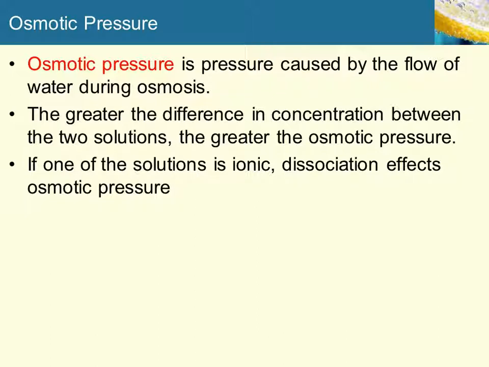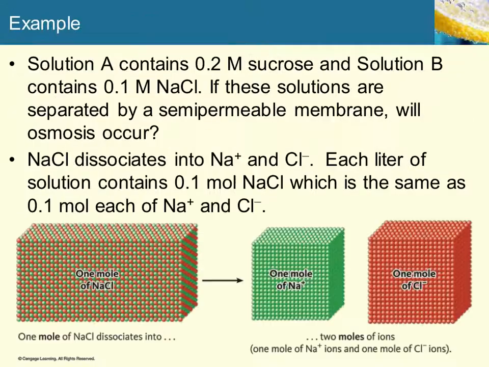If one of the solutions happens to be ionic, meaning a metal and non-metal, dissociation affects the osmotic pressure because that compound is going to dissociate into its constituent ions. For example, sodium chloride would dissociate into Na+ and Cl-, and that will affect the osmotic pressure.